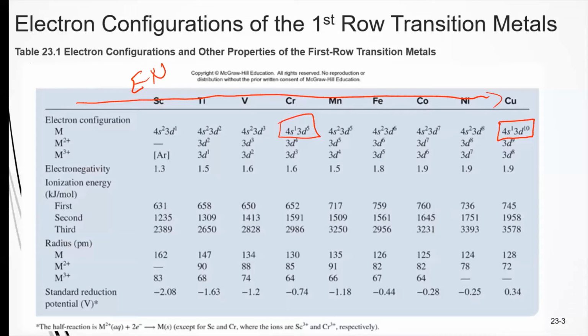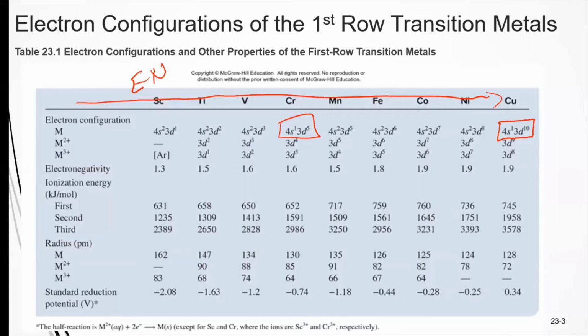Scandium, titanium, and vanadium have the most negative standard reduction potentials, and that increases. What's changing is that their proton count is going up while their relative sizes stay the same, so we see a little bit of an impact on electronegativity, basically the effective nuclear charge changing.